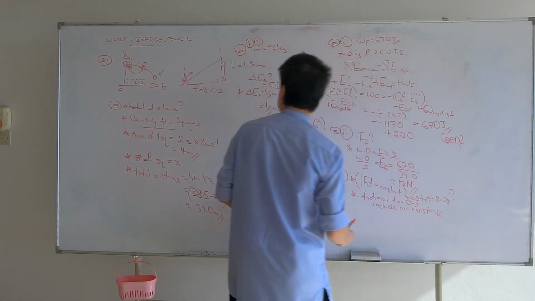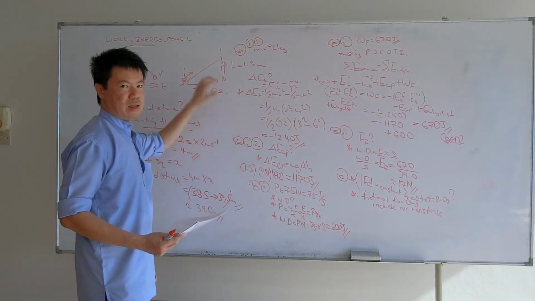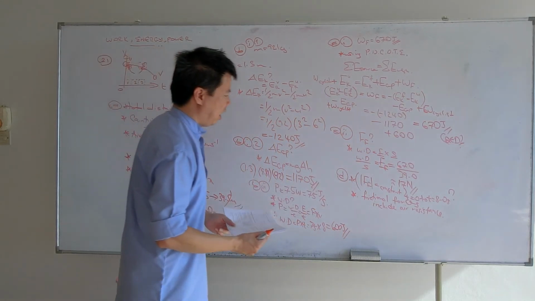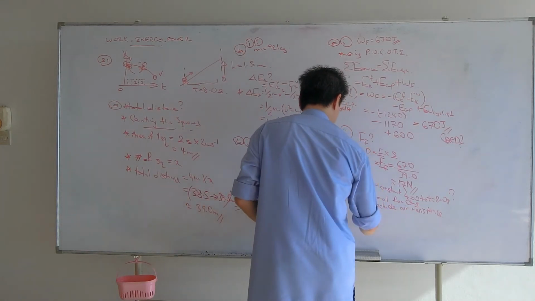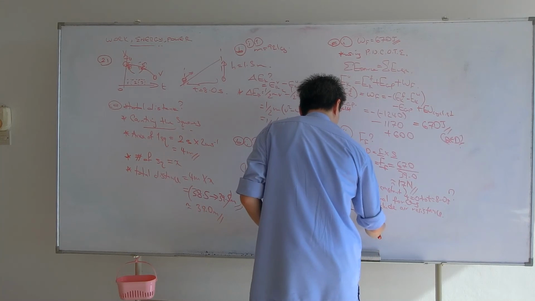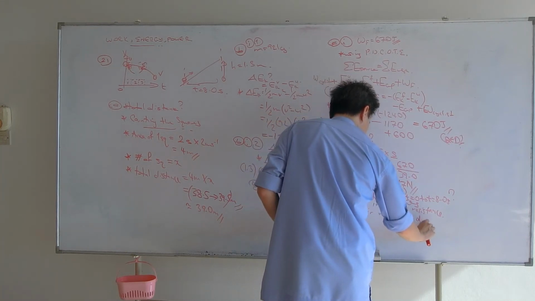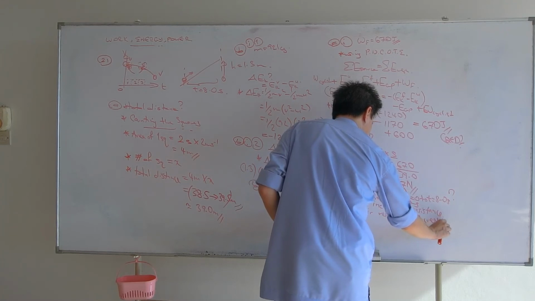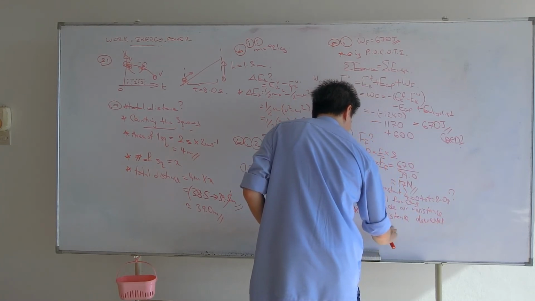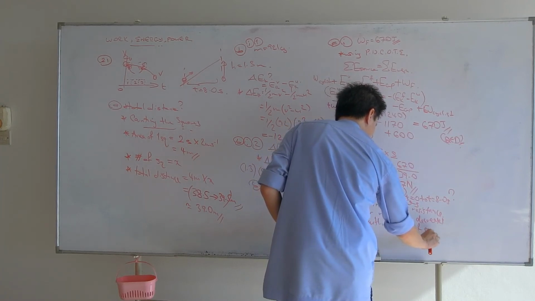Because instead of just the ground, it also has air resistance. And air resistance decreases with decrease of speed.